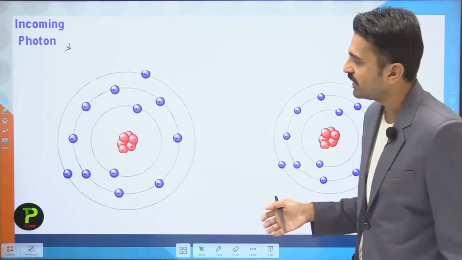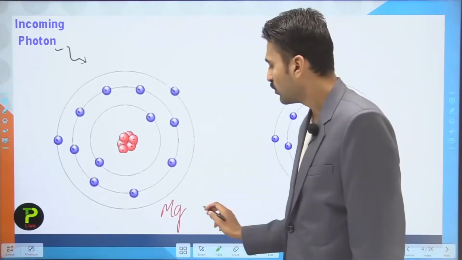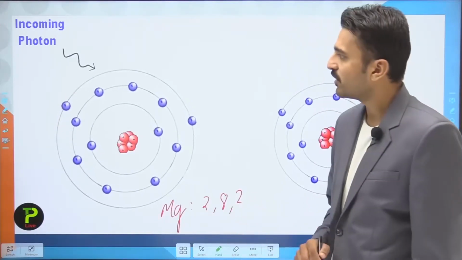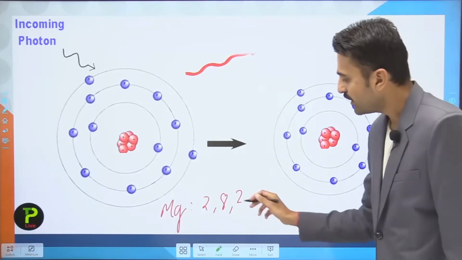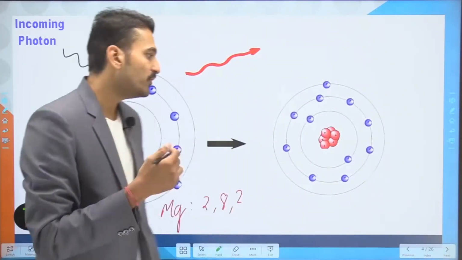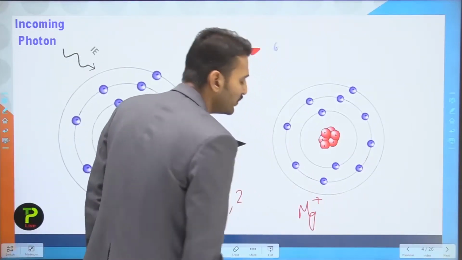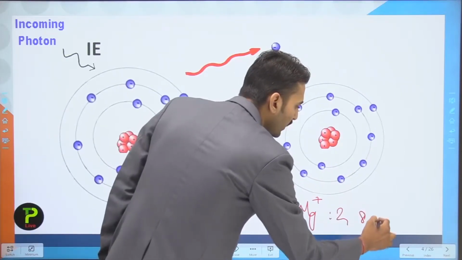Here you can see the magnesium atom, in which there are a total of 12 electrons, that is 2, 8, 2. When we give energy to this magnesium atom, one electron is removed and it converts into the Mg plus ion, whose electronic configuration is 2, 8, 1.